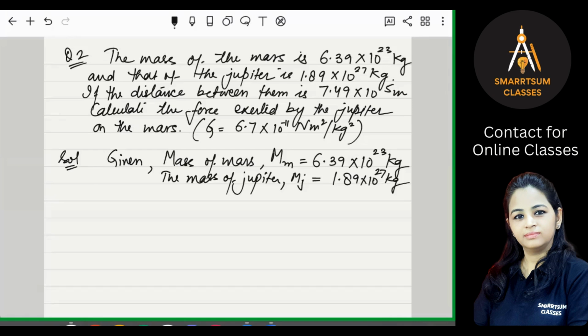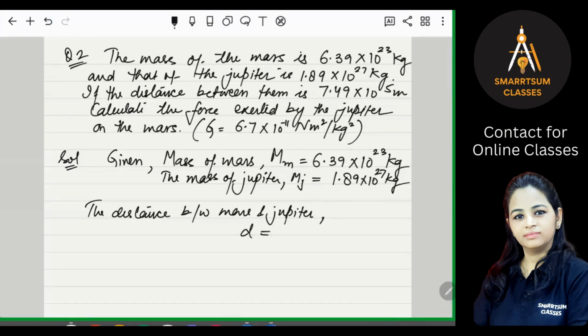Now, the distance is also given. Distance between Mars and Jupiter is given as d.